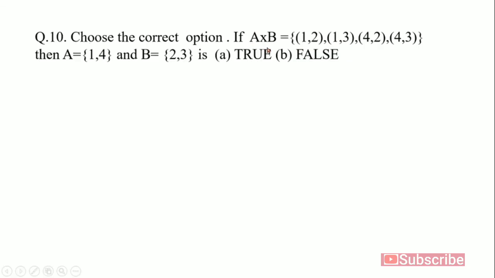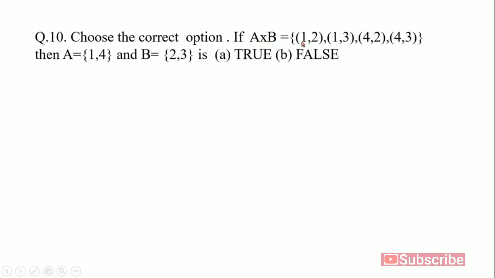Choose the correct option. A cross B contains this. Then A is this, B is this. Is it true or false? See, we know that in a cross product of two sets, first components are from the first set and second components are taken from the second set. So A will contain the first components, that means 1, 1, 4, 4.